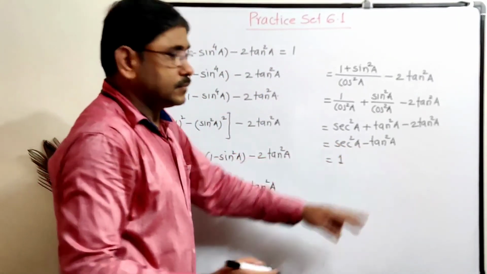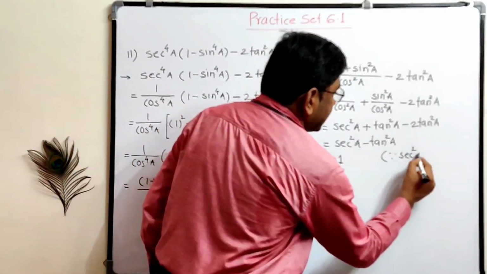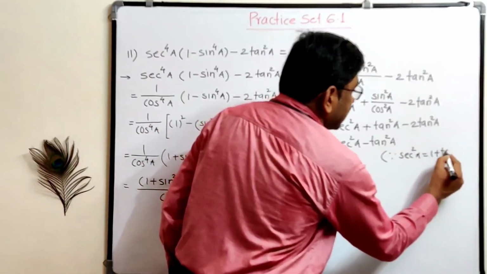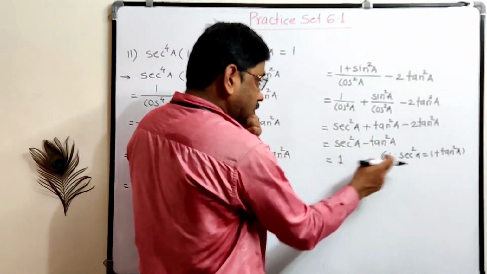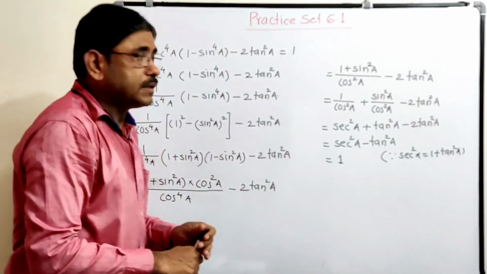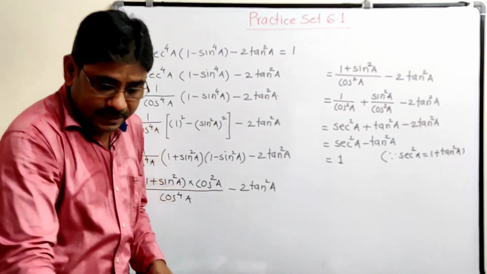So using this identity, since sec square a is equal to 1 plus tan square a, अगर हम लोग इसको tan square को a साइड में लेके आते हैं तो ये 1 हो गया. So in this way this practice set 6.1 is completed.